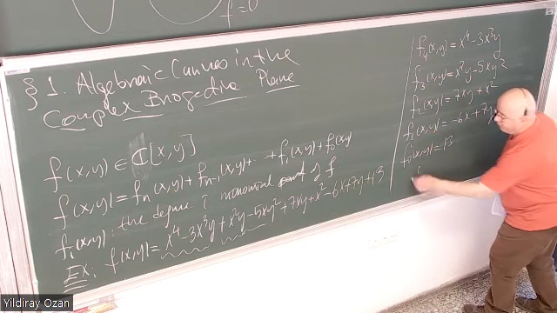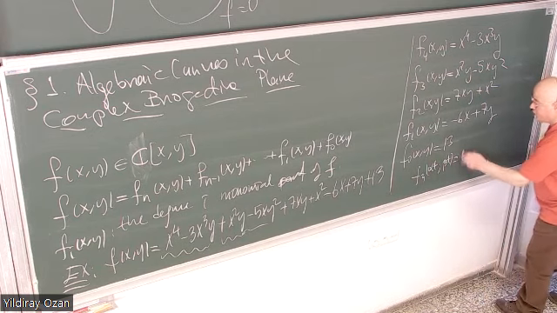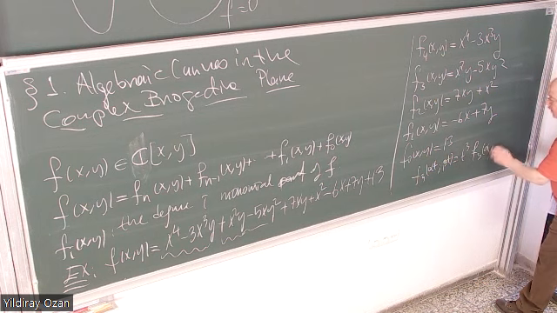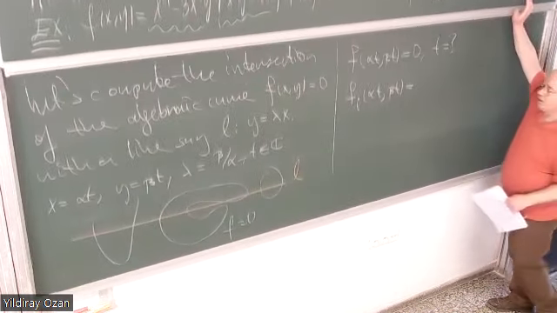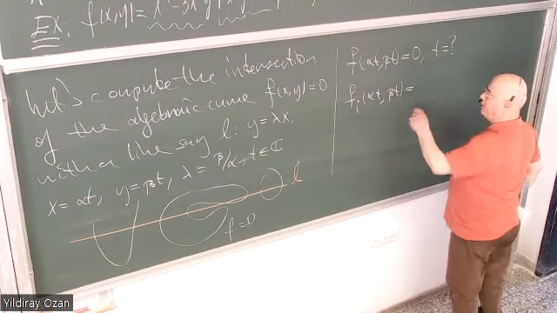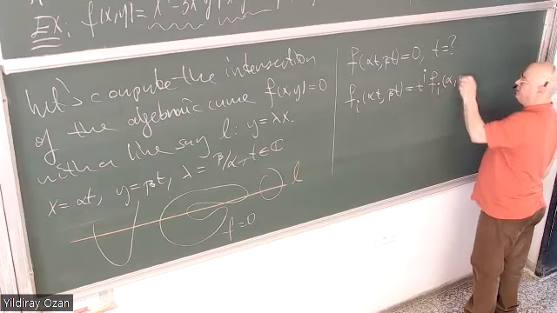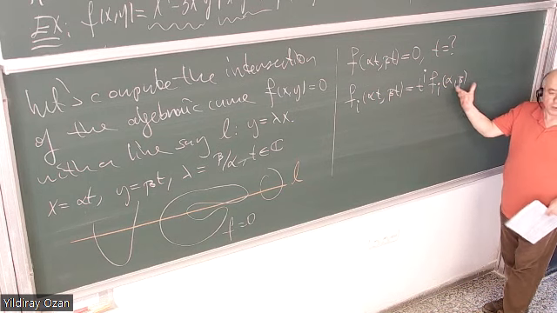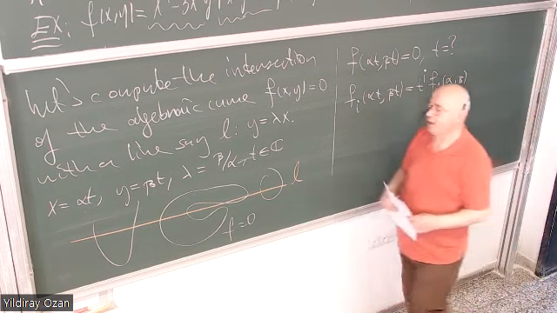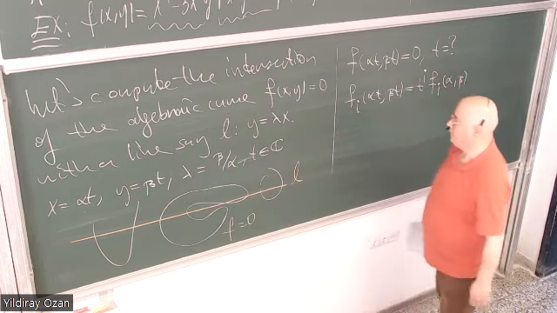So f3 of alpha t, beta t is just t cubed times f3 of alpha beta. In each homogeneous part, t goes out as t to the power i, and I have f_i of alpha beta. And f alpha beta is just a number, because alpha beta is fixed. Lambda is fixed, therefore beta and alpha are fixed.